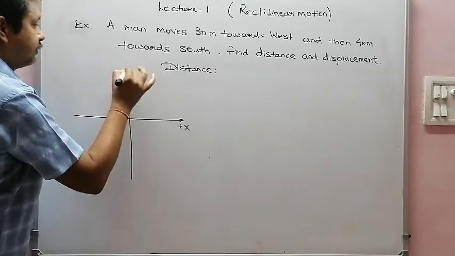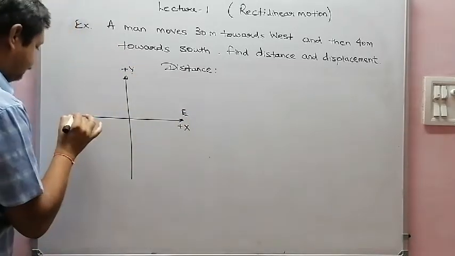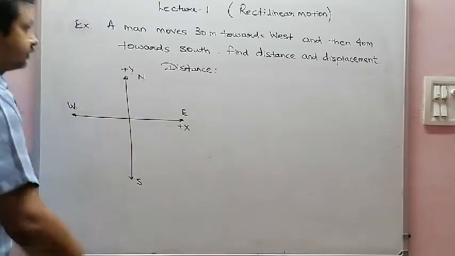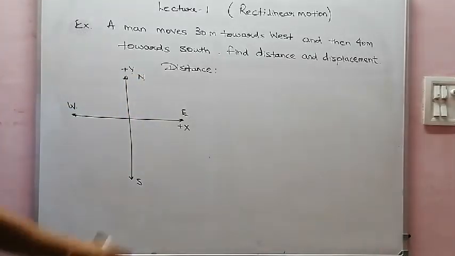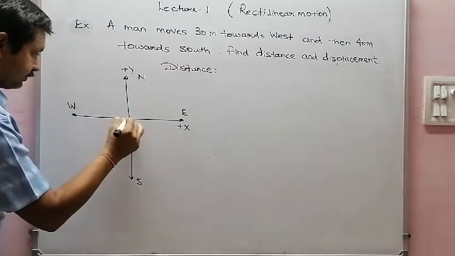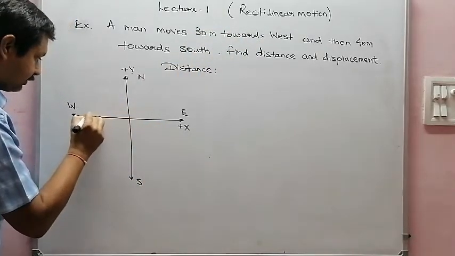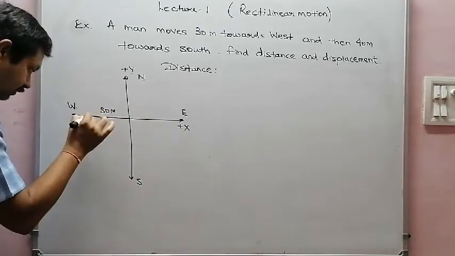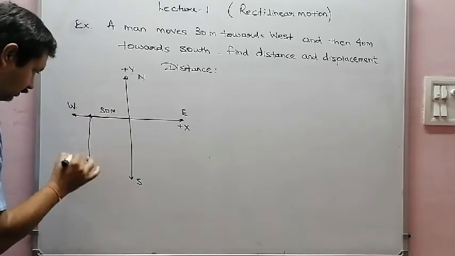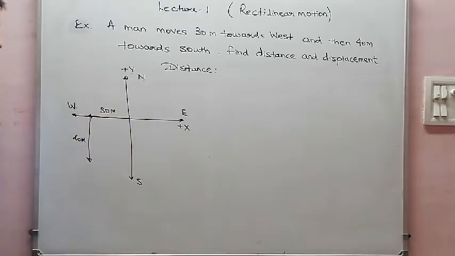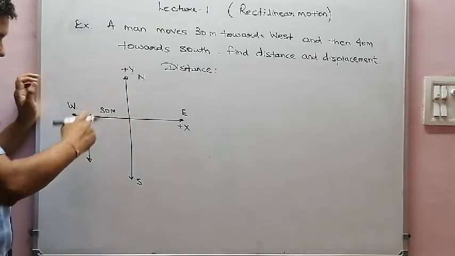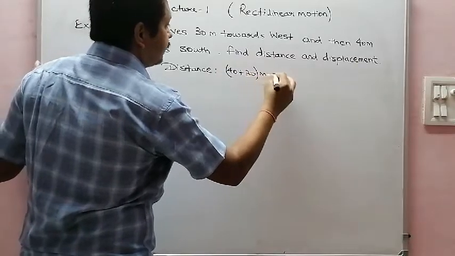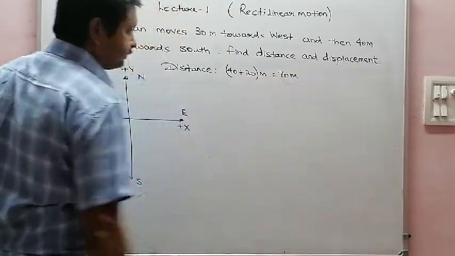Positive x-axis, positive y-axis, east, west, north, south. 30 meter towards west, and then 40 meter towards south. So the distance is the length of the path, that is 40 plus 30 meter, again it is 70 meter.